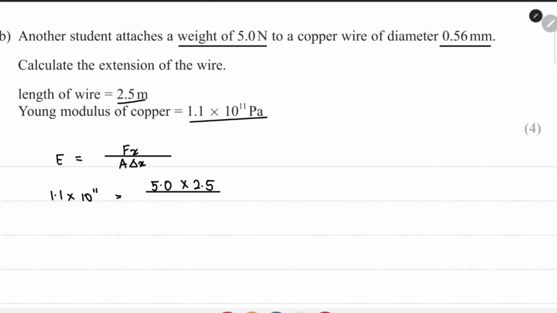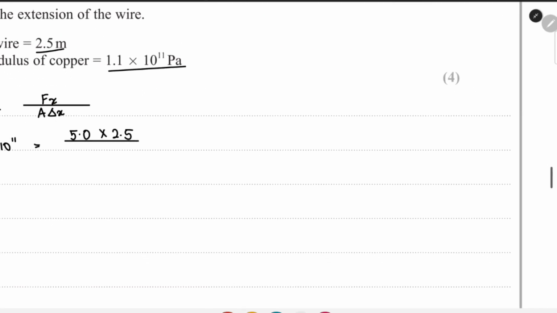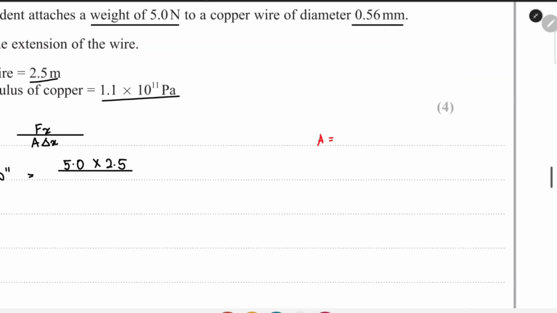I still need to calculate the area, but we are given the diameter. So the area is pi d square by 4, where d is 0.56. I need to convert this into meter first, so into 10 to the power minus 3 meters, squared, divided by 4.